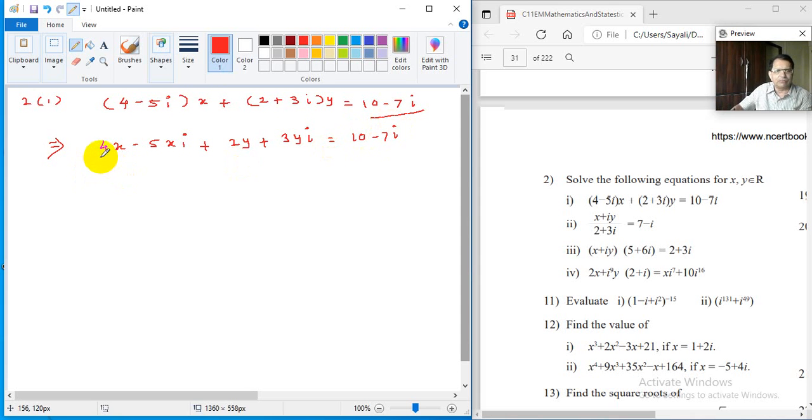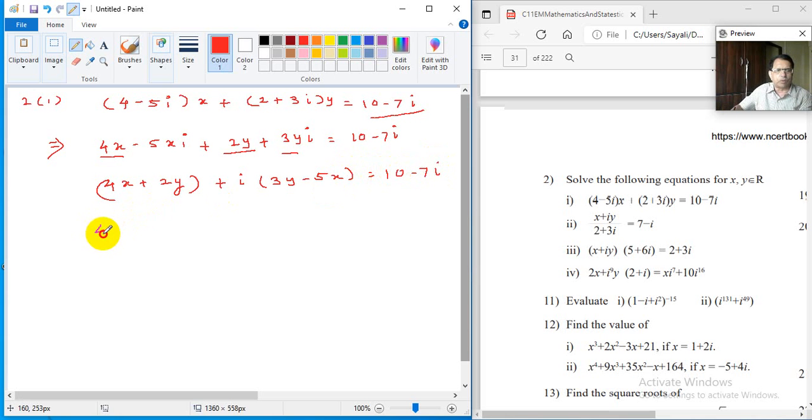मग आता इथे बघा विदाउट i च्या टर्म्स बघा, 4x + 2y ही त्यातली पहिली टर्म आणि प्लस i इंटू काय होणार, हे 3y - 5x, and all this is equal to 10 - 7i.